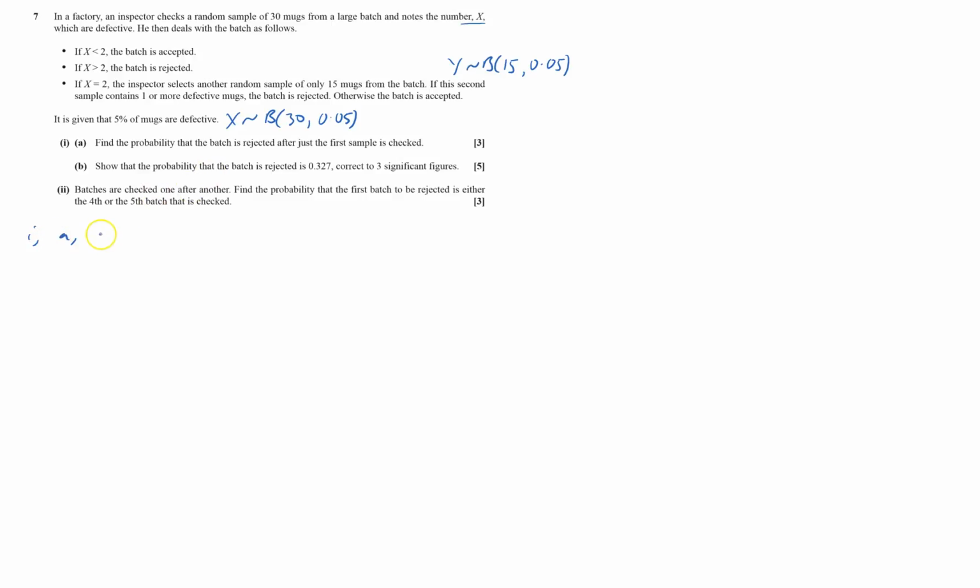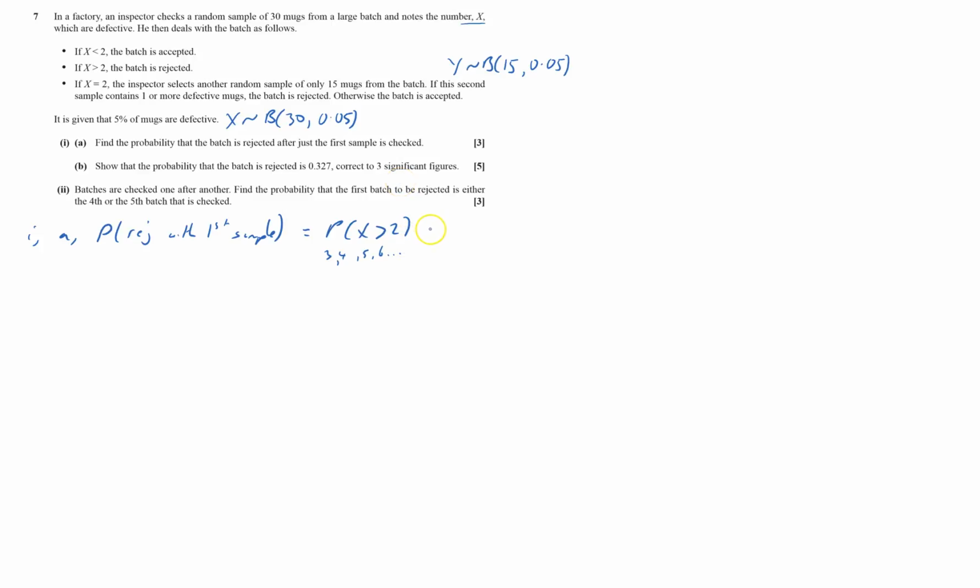Right, so first off, I've got to work out the probability the batch is rejected with the first sample. That means I've got to work out the probability that X is greater than 2. If it's greater than 2, I always like writing down what it could be: 3, 4, 5, 6, all the way up to 30.